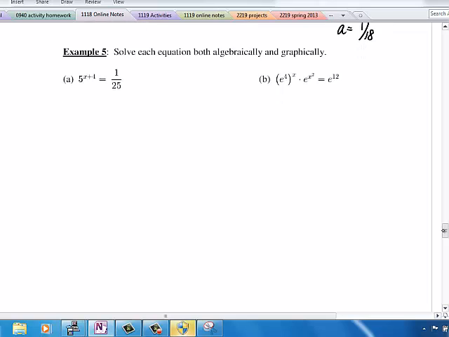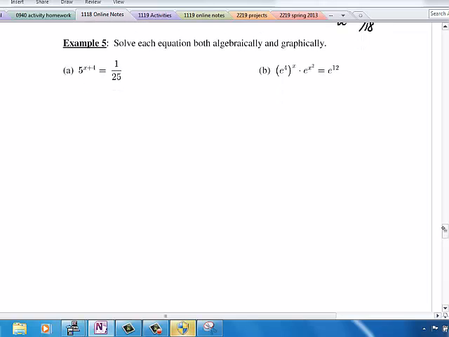The next thing we're going to do is look at solving some really basic exponential equations. We will have more comprehensive methods for solving exponential equations soon, but at this point, the best we can hope for is that we have an exponential equation where both sides can be expressed in terms of the same base.